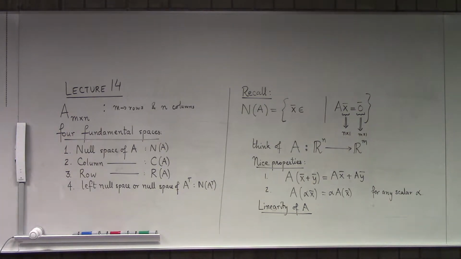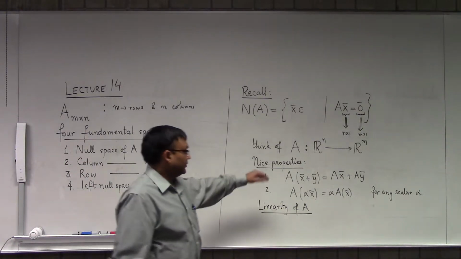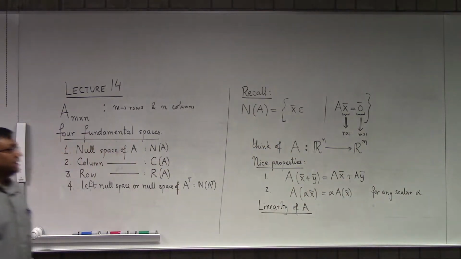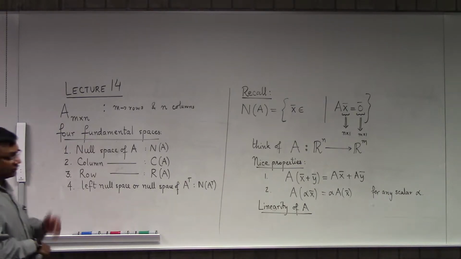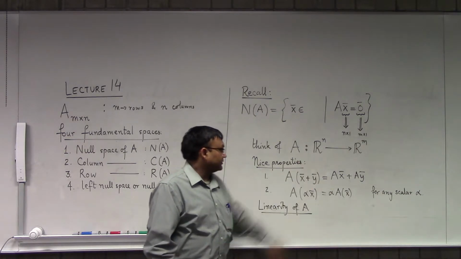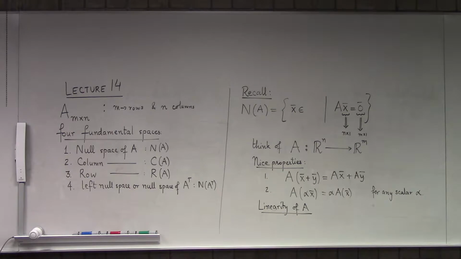Now, as you shall see, we would be very interested in these functions from Rn into Rm which have these properties of linearity, and our entire study will be focused on that. We will also see that any linear function from Rn into Rm can be represented by a matrix, and it is simply a matrix multiplication.